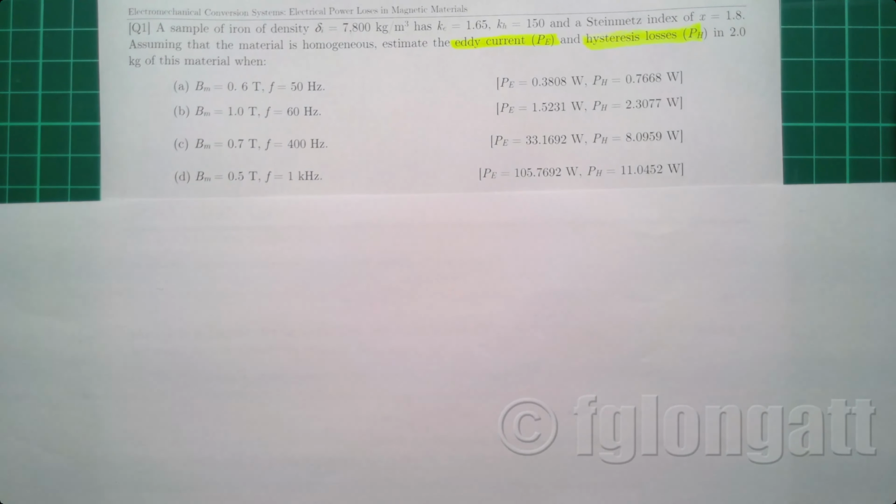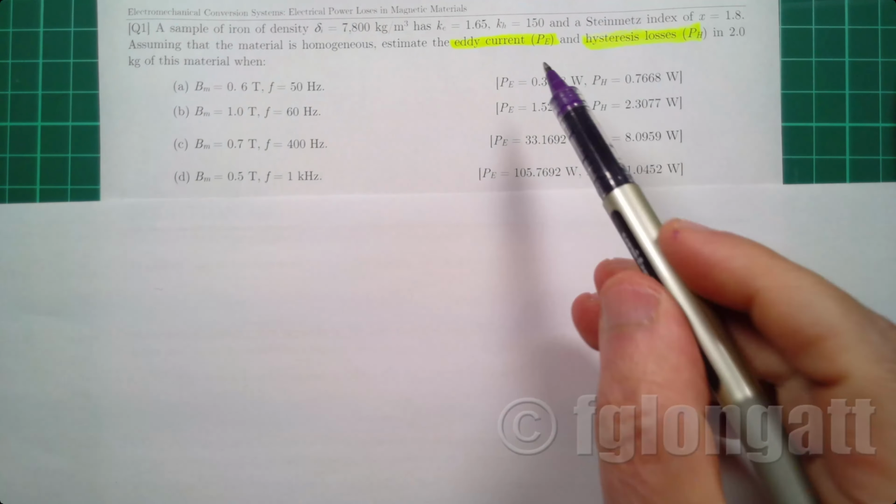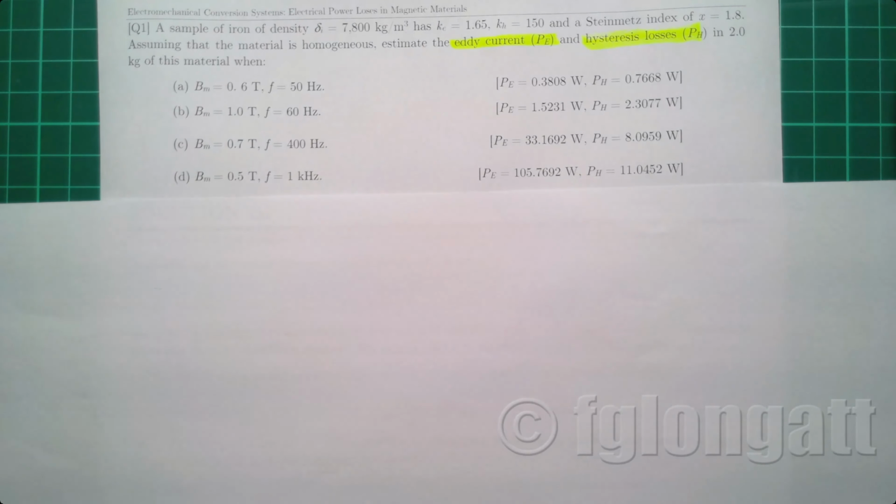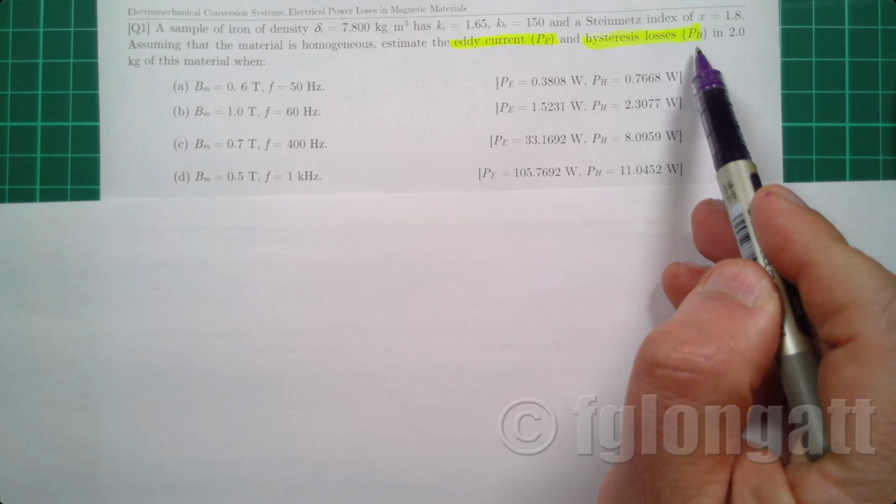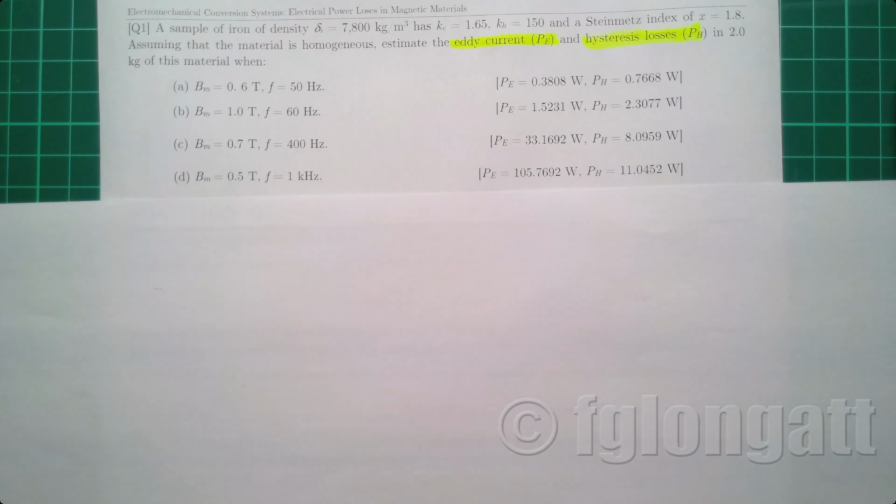And everyone in this classroom must understand that when we see PE here, that means the total active power losses for eddy currents. And here we have PH, capital letter H, and in this case that means the total hysteresis losses, and the unit is watt.